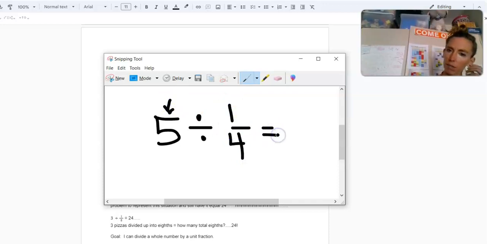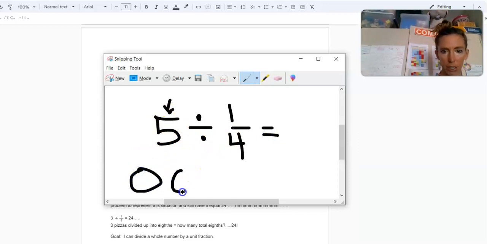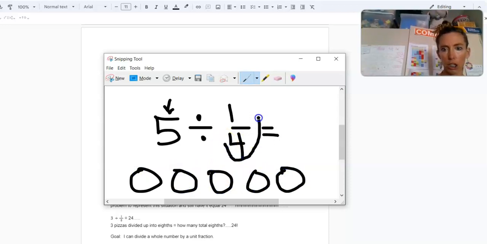How can we think of it? Well, I can always draw it out when in doubt. 5 of something, so let's say I do 5 circles, and I'm dividing them up into fourths. Dividing them up into fourths.